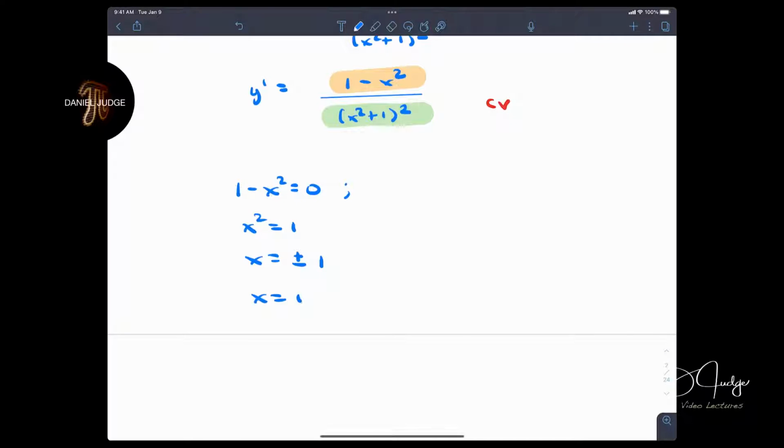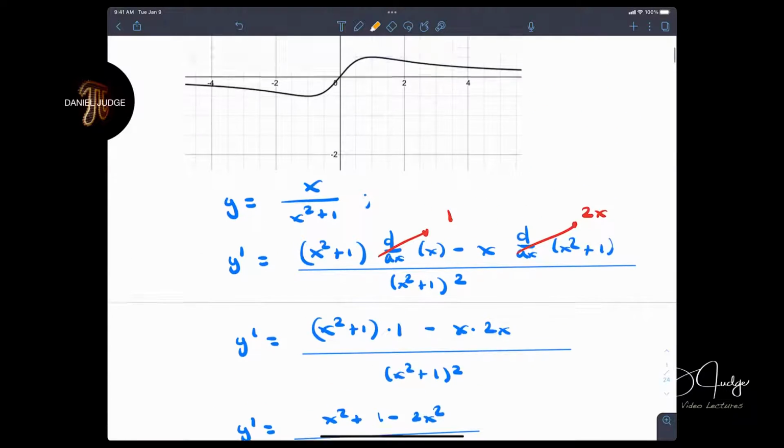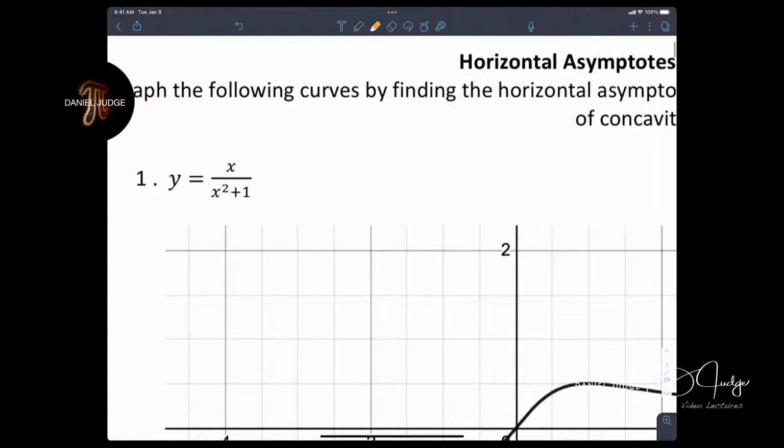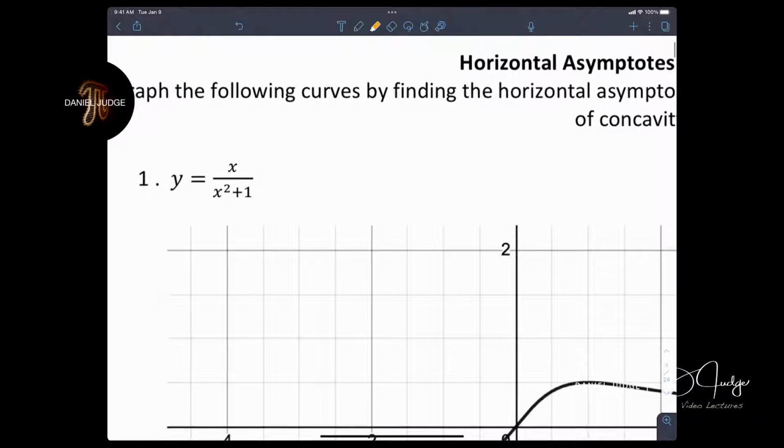So it looks like we have 2 critical values, but we got to make sure that these values are in the domain of the function. So they're not critical values yet until we know they're in the domain. And this function is defined for all real numbers. If we look at this function here, y is x over x squared plus 1. That's defined for every real number.